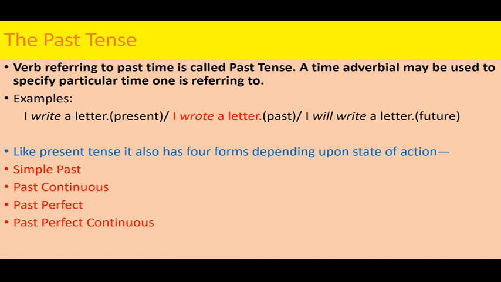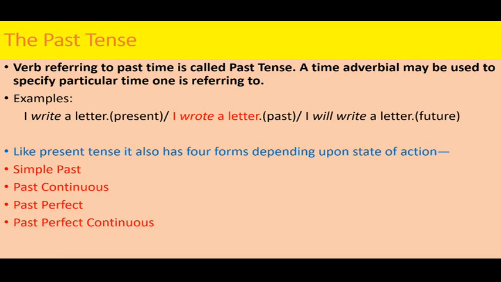The form of verb which refers to the past time is called the past tense. To show the past tense, a time adverbial may be used to specify the particular time one is referring to. Let me give you an example of the verb write.